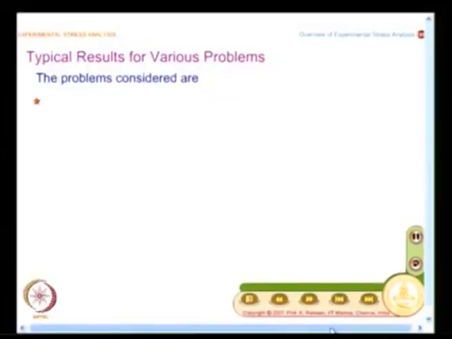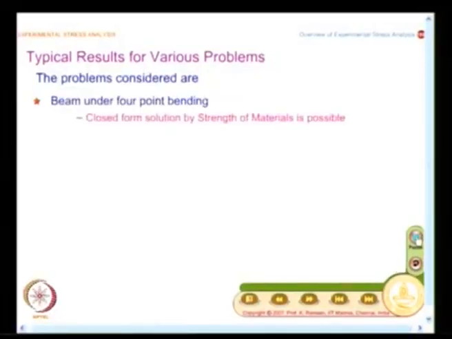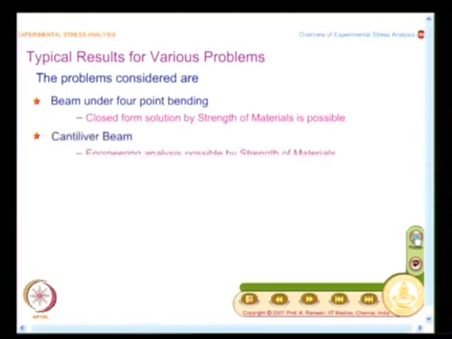And I have taken in all 5 problems, and they are also done with a graded level of complexity. So, one of the simplest problems which I have taken is beam under 4-point bending. That is the first problem to start with, and why I have taken this is, you have closed form solution by strength of materials.